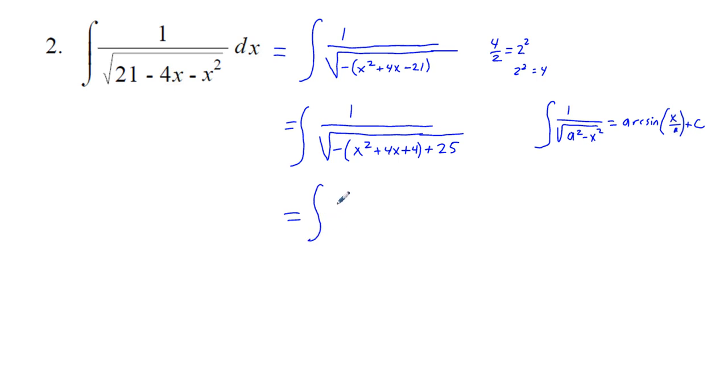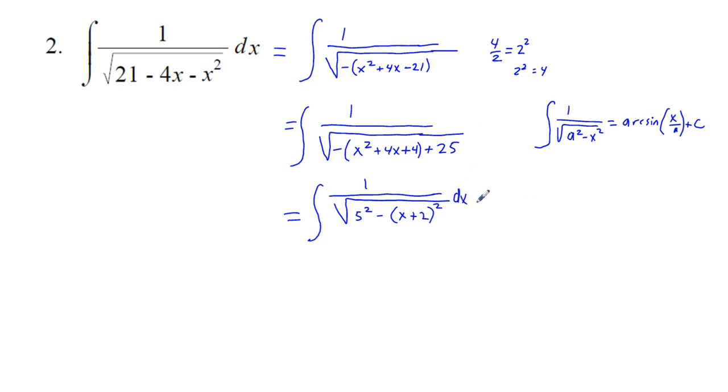We're going to say 1 over the square root of, well, this 25 here is going to be 5 squared, and we're going to have minus quantity x plus 2 squared. Okay, and that's going to be, of course, dx.